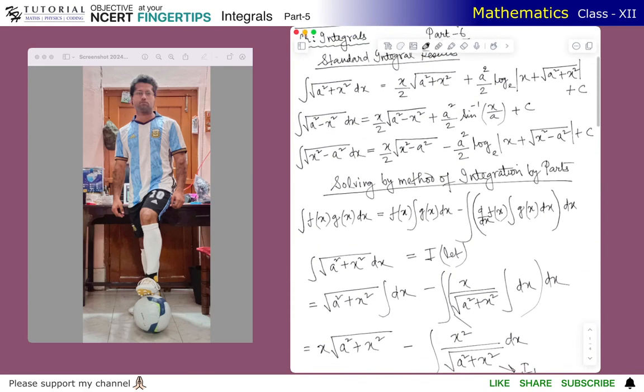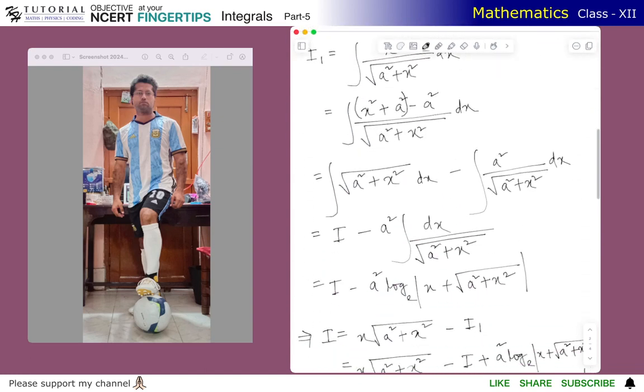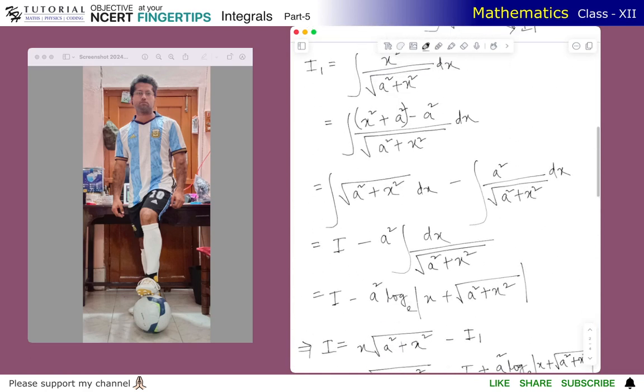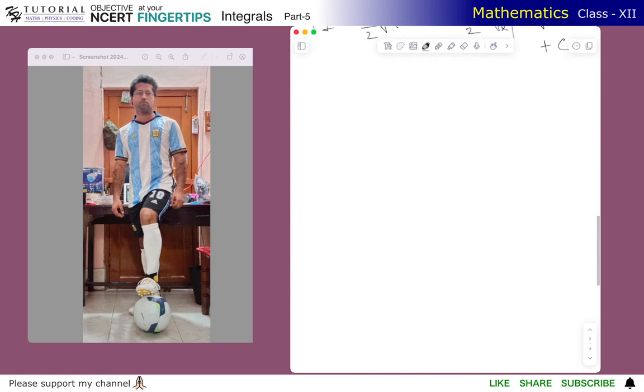Now remember that in these results we only see x, but in the actual problem that you will solve, the form we are solving is the integral of root over a square plus x square.